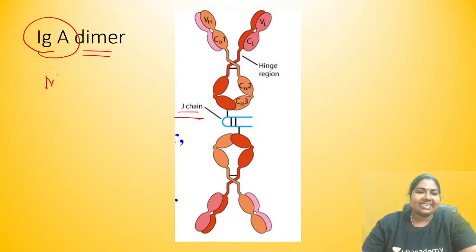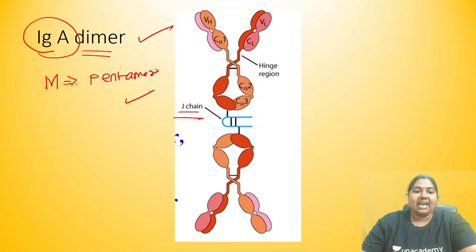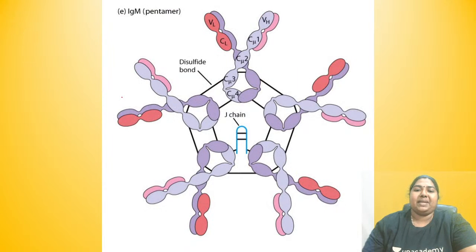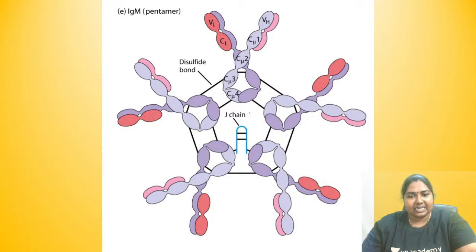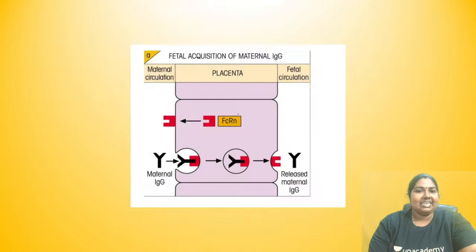What about IgM? Do you have any idea on IgM? IgM is going to be a pentamer. Okay, IgA is a dimer. IgM is going to be a pentamer. They are also connected by the J chain like your IgA.